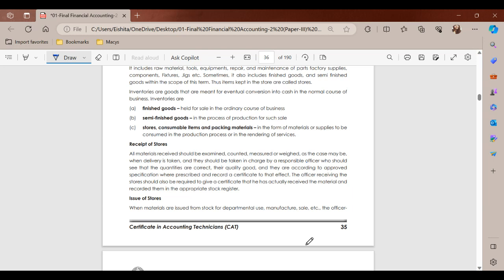It is quite possible that you receive a demand for spare parts which are kept by you as inventory. So you will cut the invoice and issue the inventory to the customer. Depending upon the usage, it is booked as a consumption or as a customer sale. So you will book it accordingly.